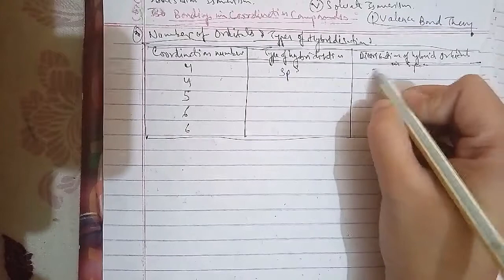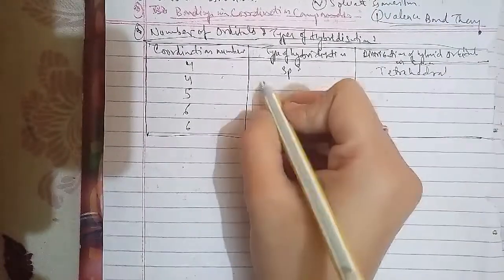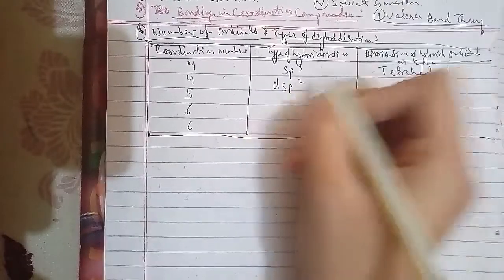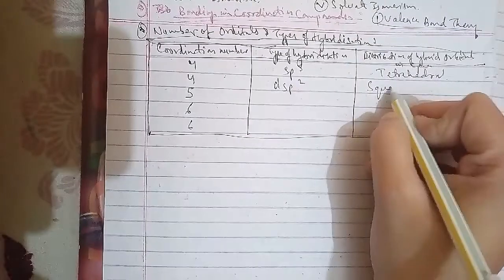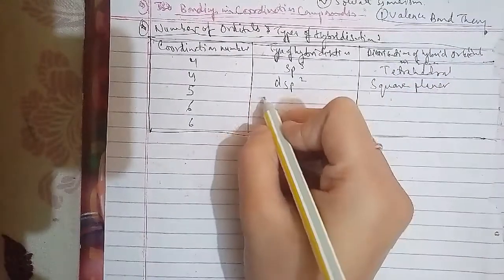Six pairs of electrons, one from each NH3 molecule, occupy the six hybrid orbitals. Thus the complex has octahedral geometry and is diamagnetic because of the absence of unpaired electrons.